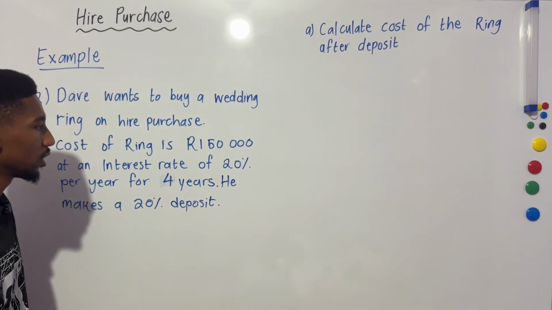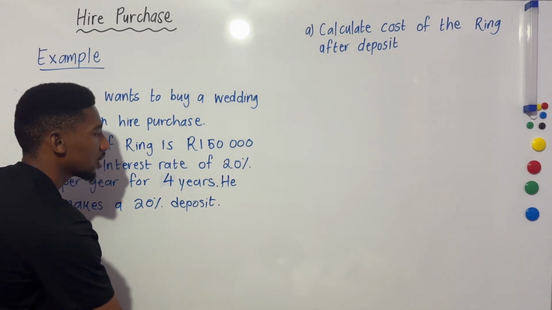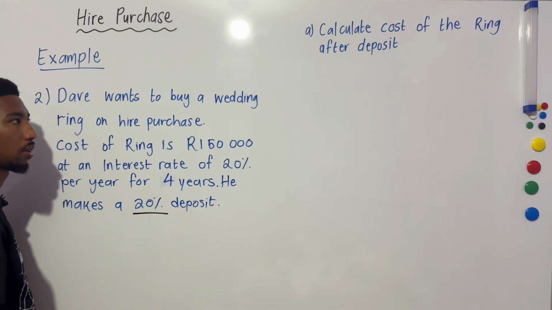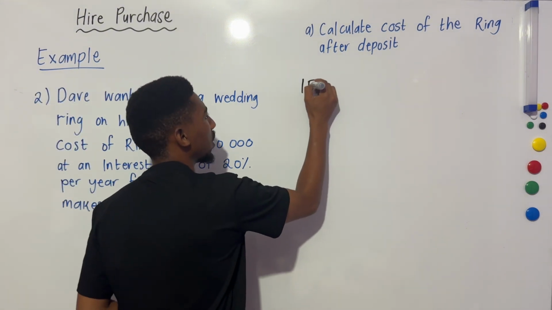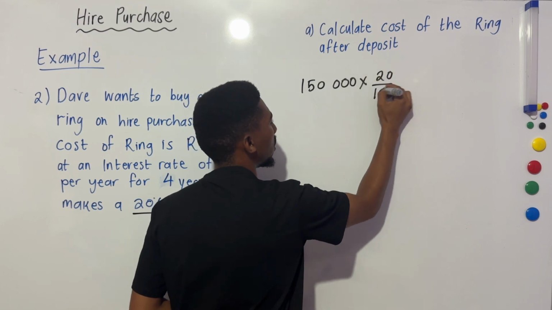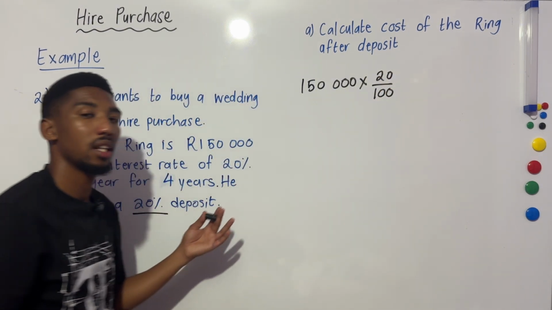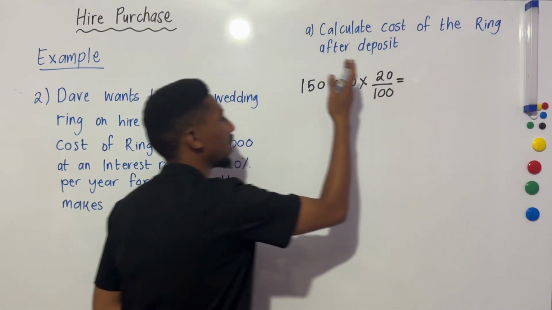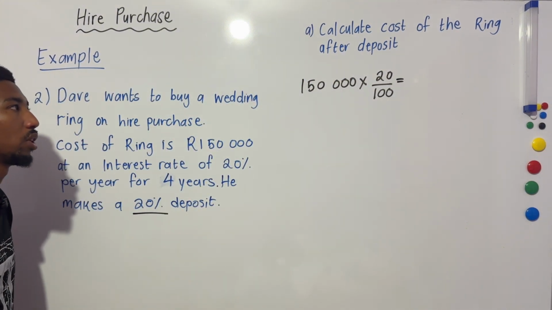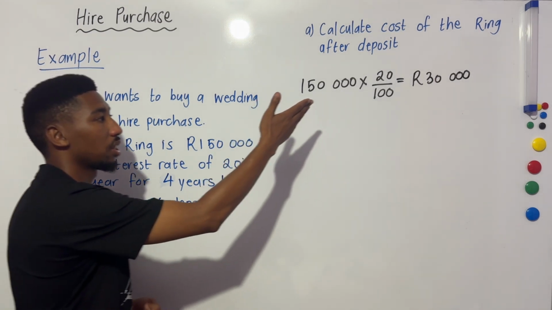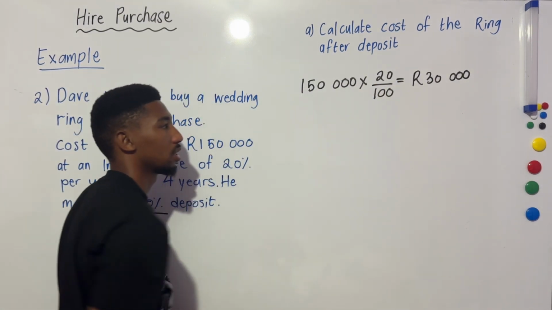Okay, so first and foremost, I have to find the deposit of 20%. So I'm going to take my 150,000 and times 20 over 100. That is telling me the deposit. This answer will tell me how much Dave is paying before he starts the loan. So Dave pays 30,000 Rand at the start.